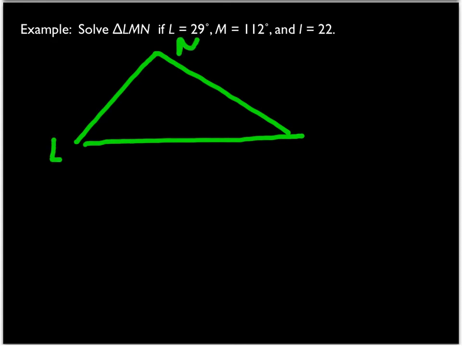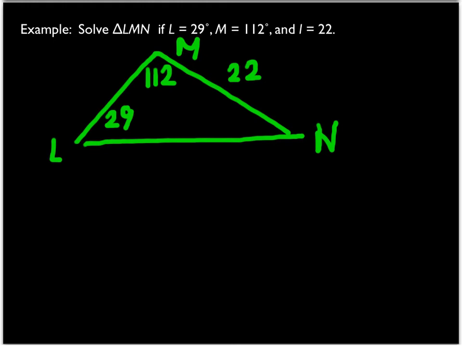I'll write it like this: LMN, and what we're given is angle M is fairly big at 112, and L is 29, and side L, which is across from angle L, is 22. So the condition we're given here is angle angle side, and that's tailor-made for the law of sines.